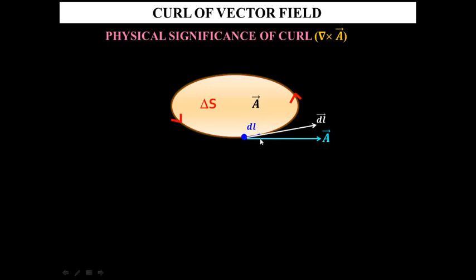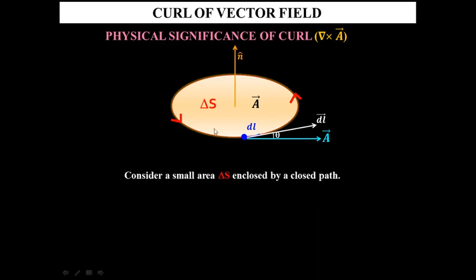Let theta be the angle between dl vector and vector field A, and suppose this is the area enclosed by this curve, and this is the direction of the unit normal to this surface area. Now we can put the text here as we understand from the diagram.